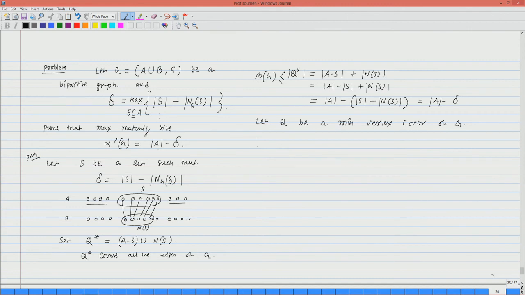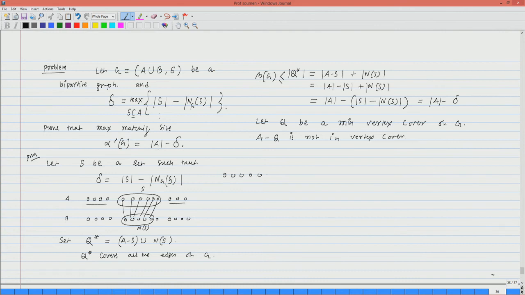Then if Q is the minimum vertex cover, then of course the vertices in A minus Q are not in the vertex cover. So, Q has some part.